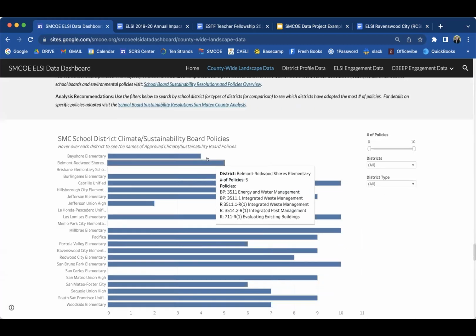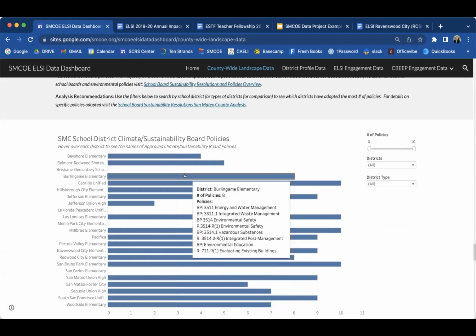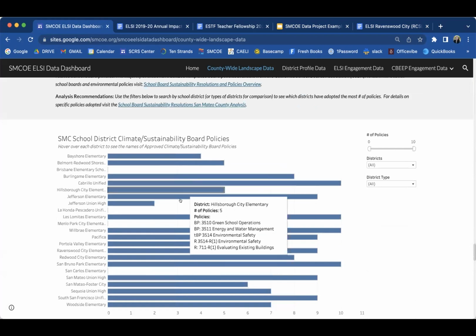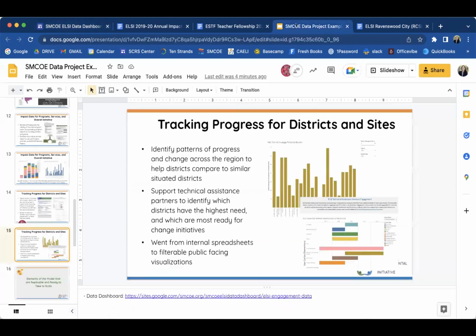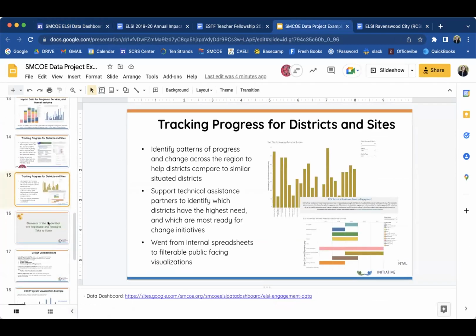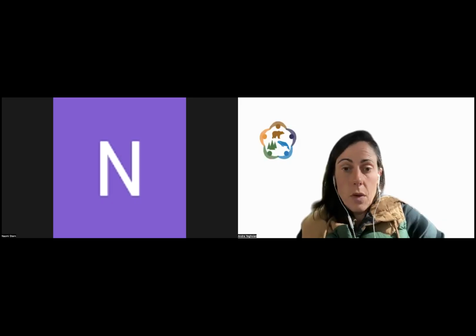Which districts have passed different board policies related to things that our partners really cared about, like energy and water and waste. So the idea of this is to help them get more strategic and also us more strategic. So I think that's it for me giving a high level history. I'm going to turn it over to Naomi now to get into the elements of the model that are really replicable and scalable to other counties.